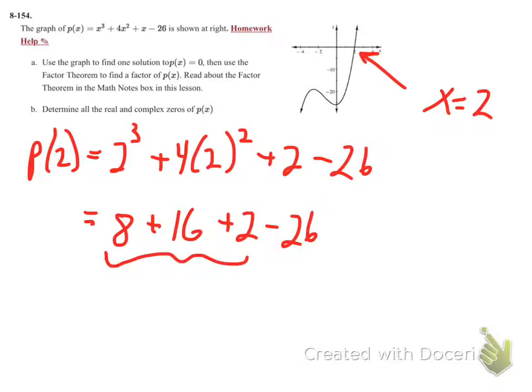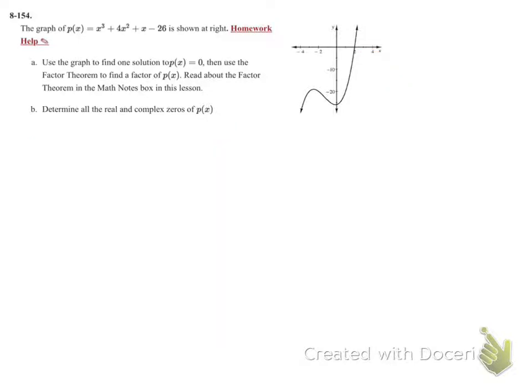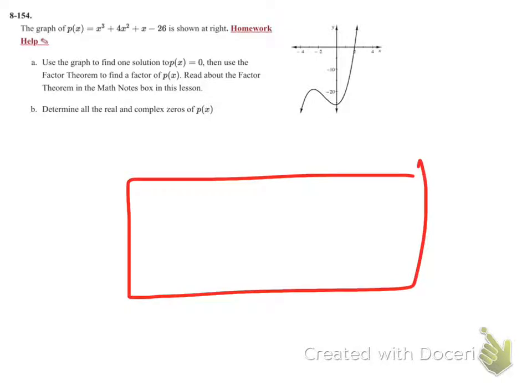Adding those together, that is 26. Minus 26 gives me 0, so it does work out. So I now know that x equals 2 is my definite 0, and I know that x minus 2 is my factor. So what that's going to lead me to do is some polynomial division with x minus 2.